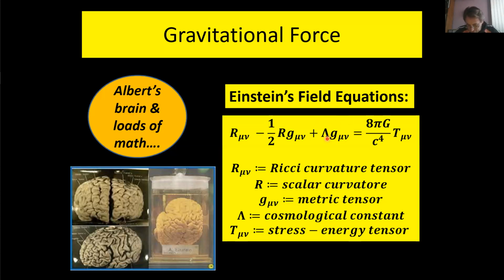Then Einstein introduced another term, what is called the cosmological constant, multiplied again with this metric tensor. And this equals on the right-hand side some constants where the gravitational constant again enters, divided by c to the power 4, the speed of light.